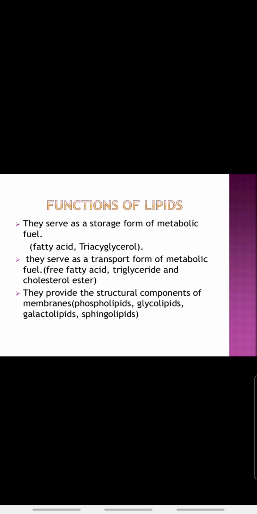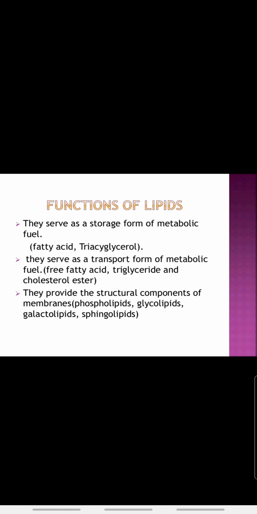Aside from that, it mentioned cholesterol ester. It is formed from the bond between an ester and cholesterol. What is its function?